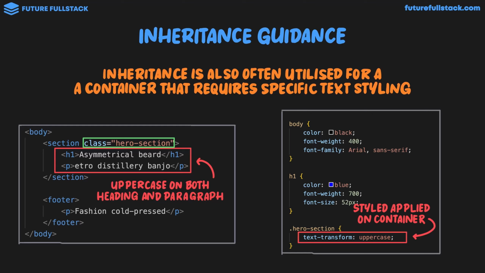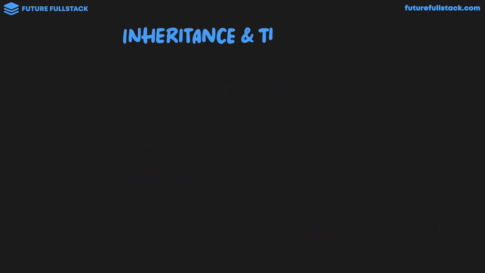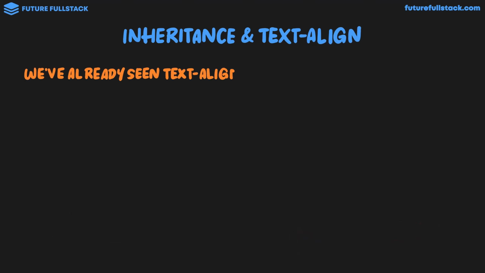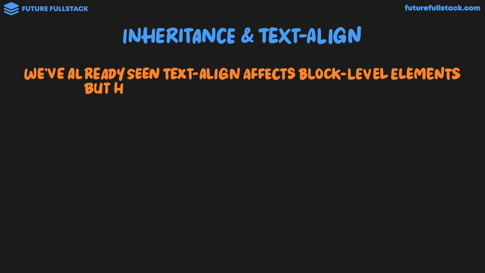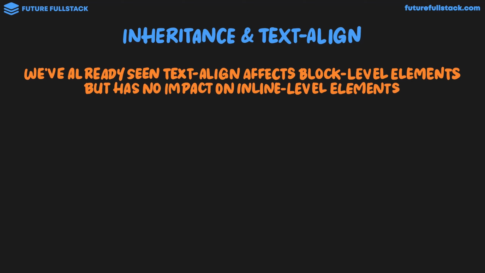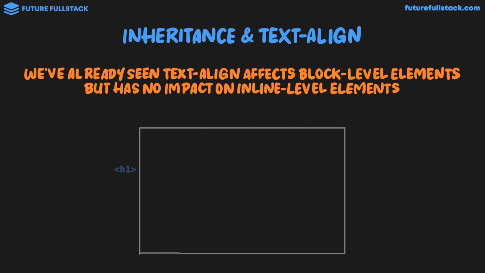So the last thing I want to focus on is inheritance and the text align property, as this can cause a lot of confusion. We've already seen text align affects block level elements, but has no impact on inline level elements. I covered this at great length in my CSS text video, which you can check out in the description below. But just as a quick recap, let's say I have a page with a heading 1 and a paragraph.